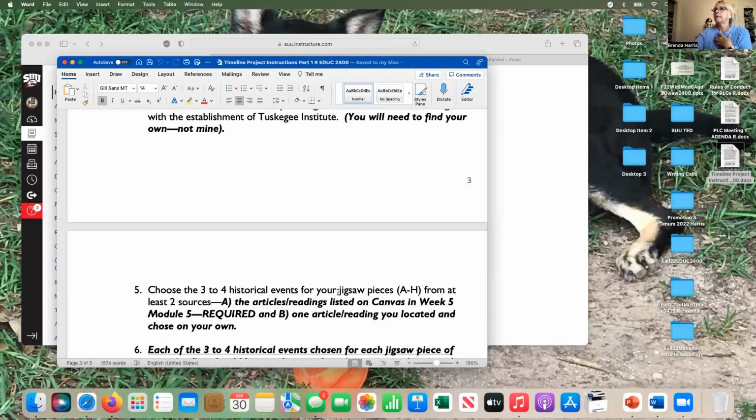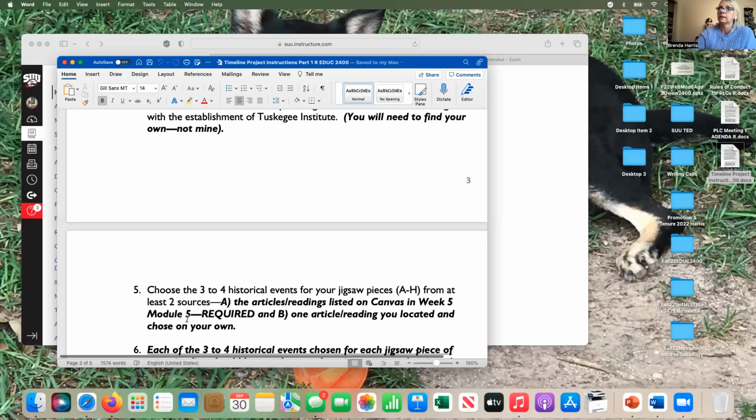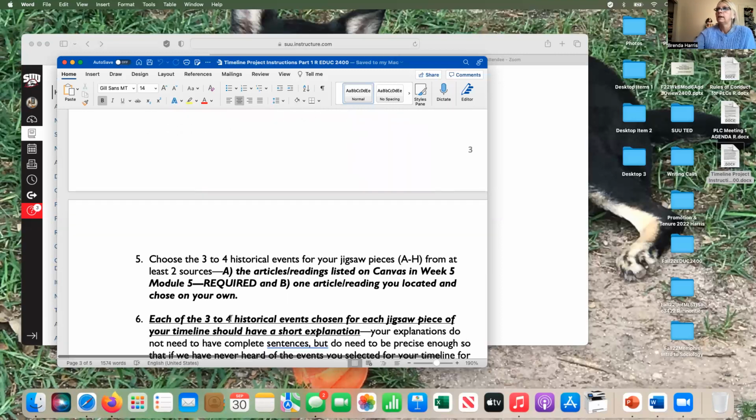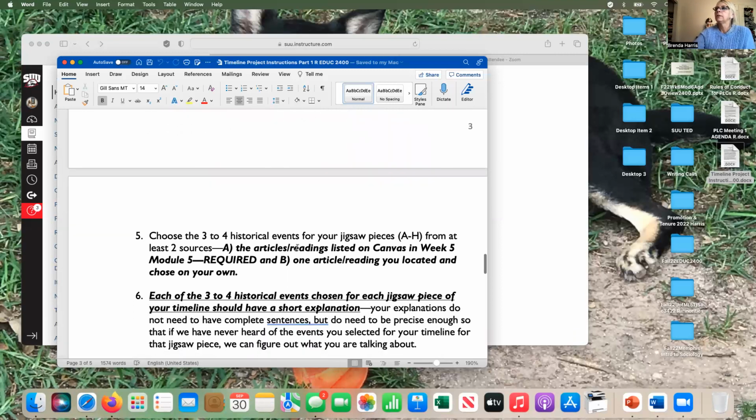Then they're going to pull those back together. Okay, and this here says week 5, module 5, but that's actually week 6. I'll fix that. So there are articles there you can use, but you need 2 sources.